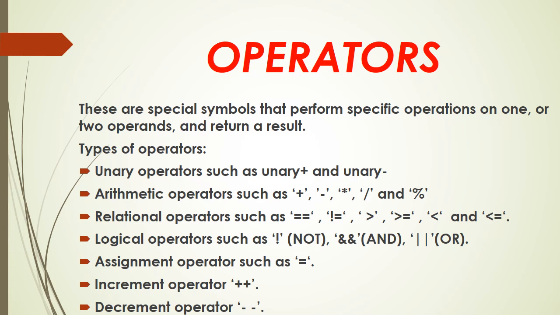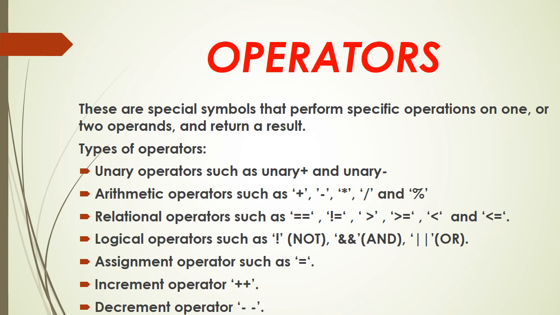The different types of operators which we use in Java are, first, unary operators like unary plus or unary minus, like plus 5 or minus 5, plus a, minus a. These are the unary operators. Next are the arithmetic operators like plus, minus, multiplication, division and modulus.